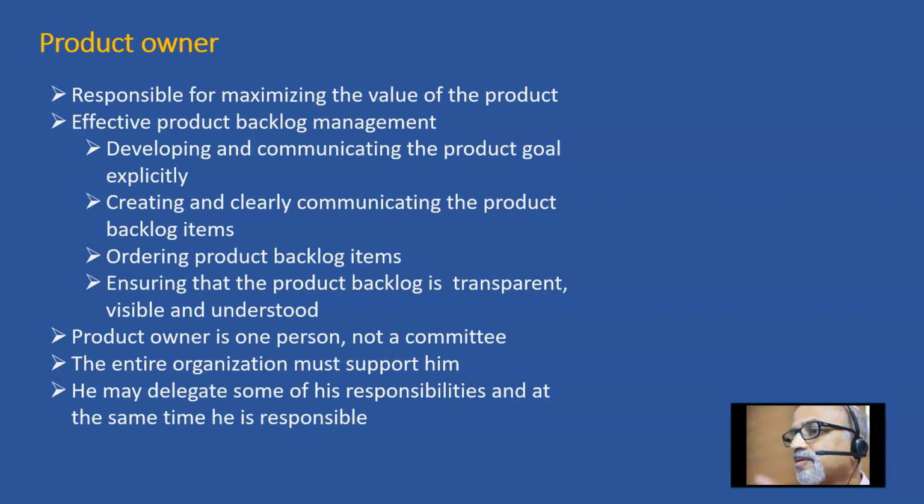Consciously they have kept it open so the team can decide. So there is a product backlog. The backlog items have to be prioritized. It must be elaborated before taking up for production. How to elaborate it, the team can decide. So these are the key responsibilities of the product owner.